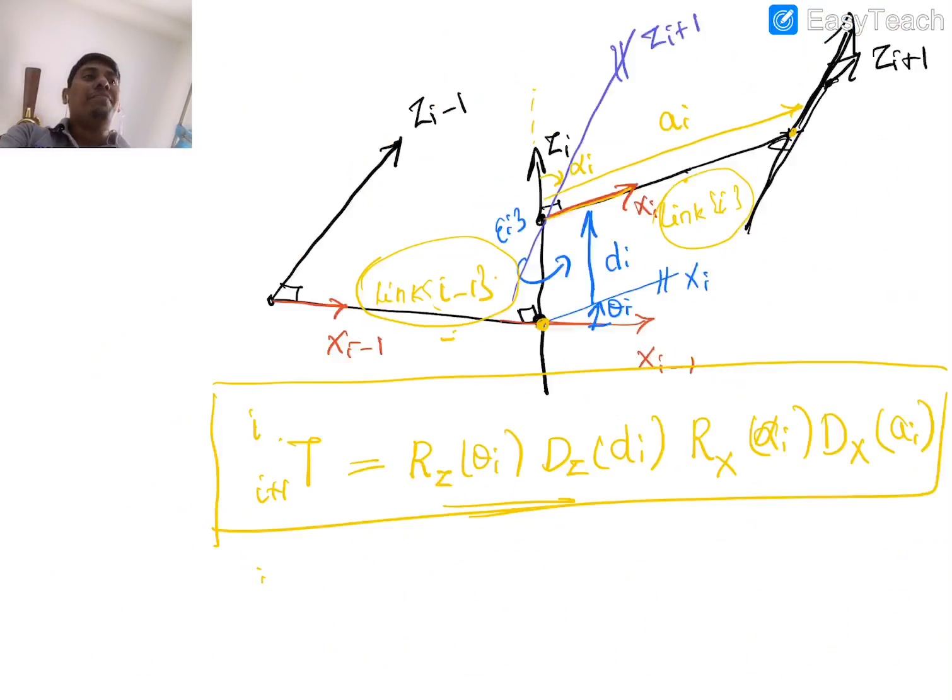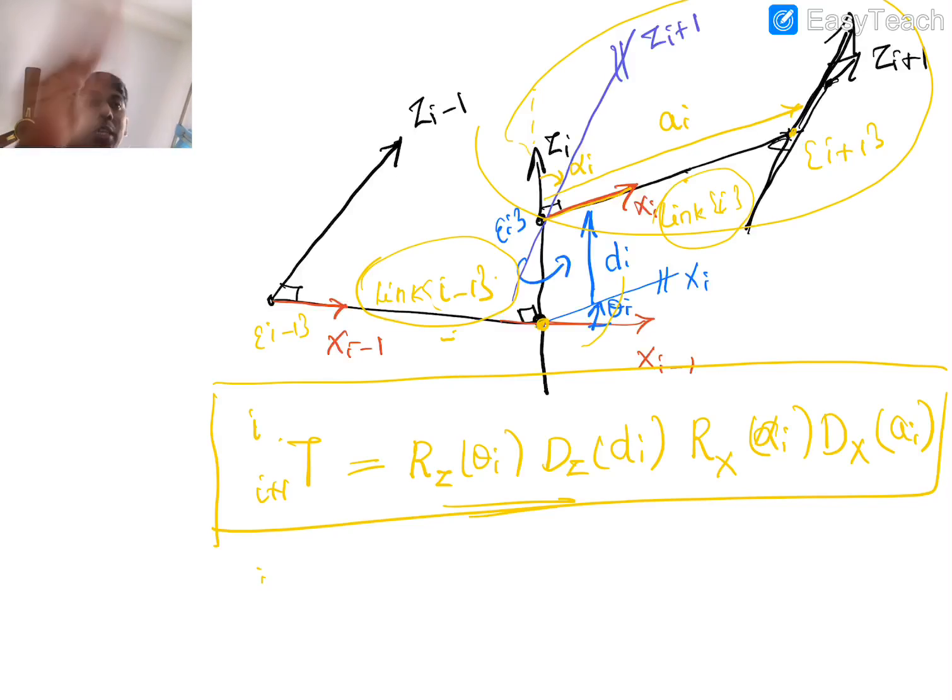What we did, we take this way. We assume the ith frame, and this is the i plus 1 frame, and this is the i minus 1 frame, and we are interested in seeing the i plus 1 frame with respect to i. In the sense, you need to know the information of these two, and the information of the transformation.